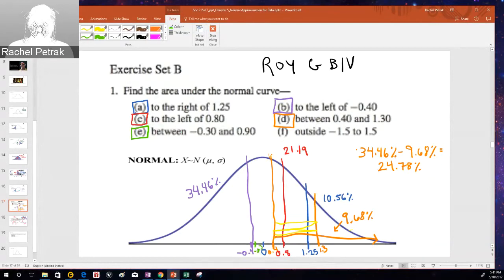So here we are at E, and we have a score of negative 0.3. It's getting kind of packed on this diagram. I know that. Sorry. And 0.9.